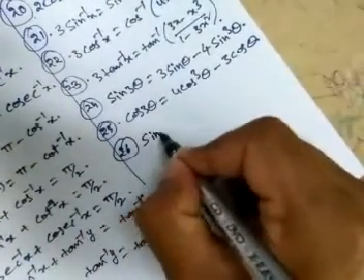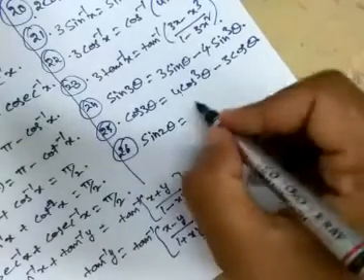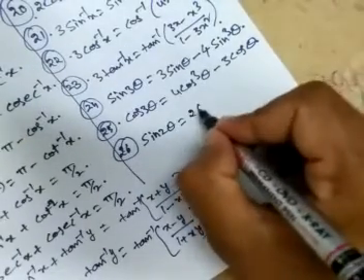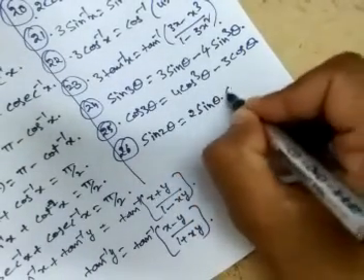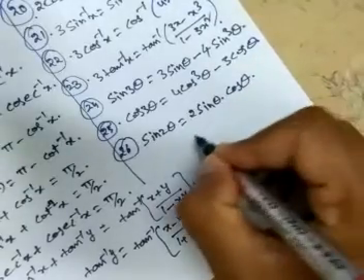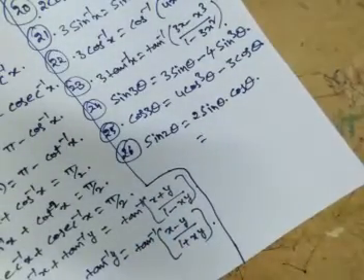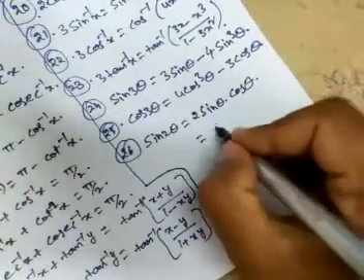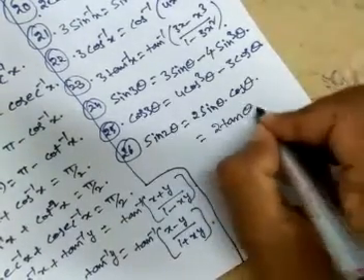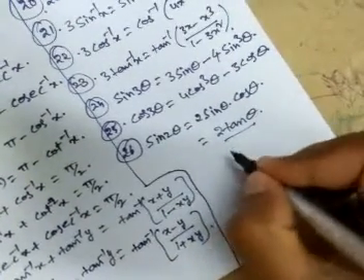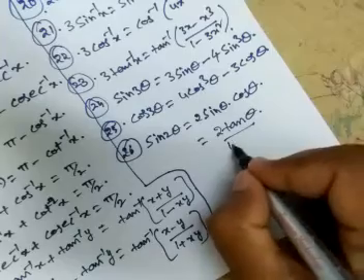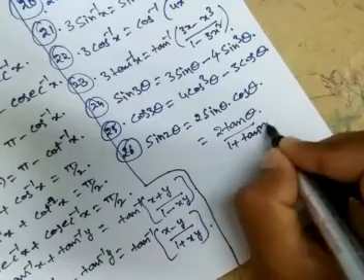Sin 2 theta equals 2 sin theta into cos theta. The same formula in terms of tan is 2 tan theta by 1 plus tan square theta.